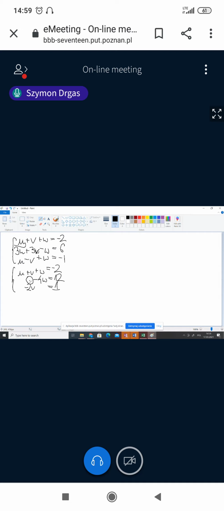So now you can easily find out that v is minus 1 over 2, and w is negative 3, and then you can substitute these two values into the first equation and find the solution for the variable u.